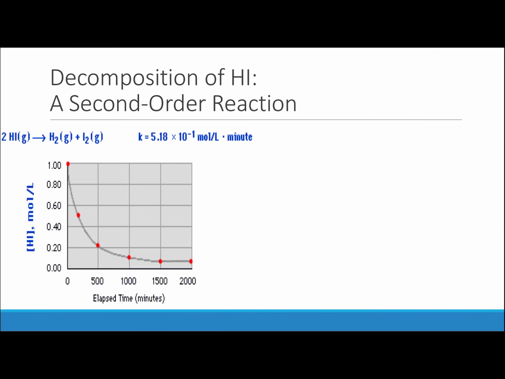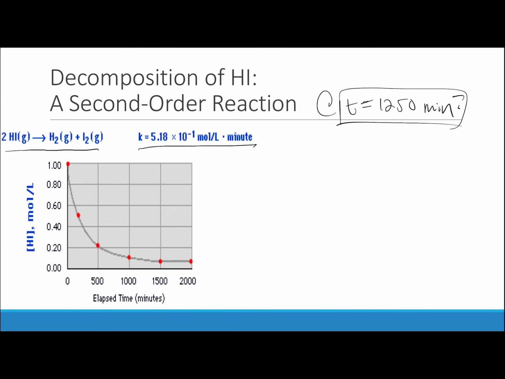Let's use it in a problem. Let's say we have this process right here. We've got 2HI breaking down into H2 and I2. We have a k value here, and let's say we want to know at t equals, I don't know, 1250 minutes. So instead of seconds this time, let's look at minutes.